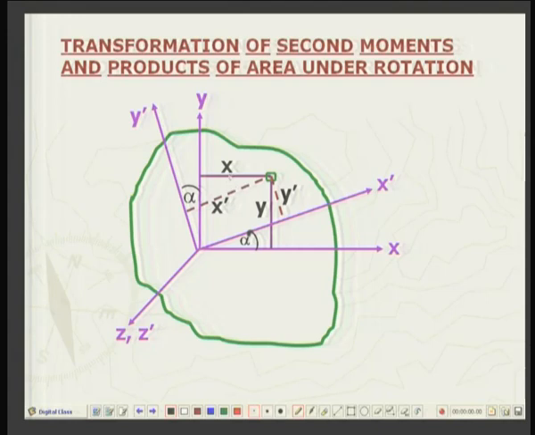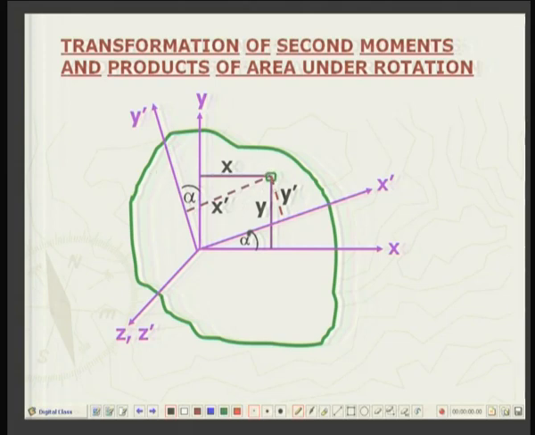We can correlate x and y with x dash, y dash by simple trigonometry. For example, if I consider x dash, I can project it on the old x axis and old y axis.